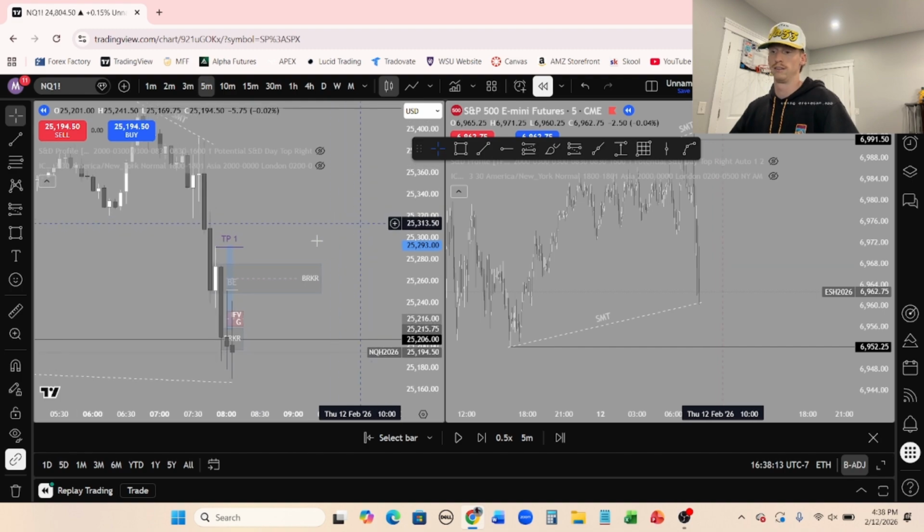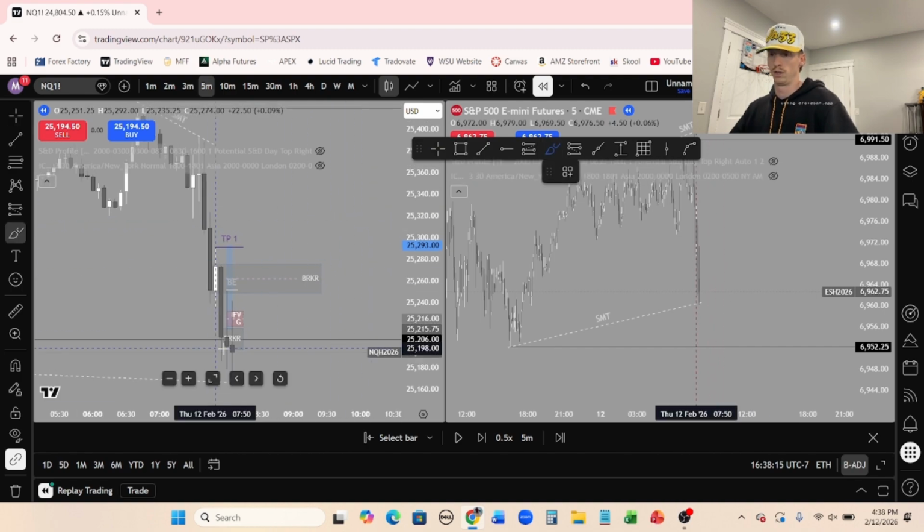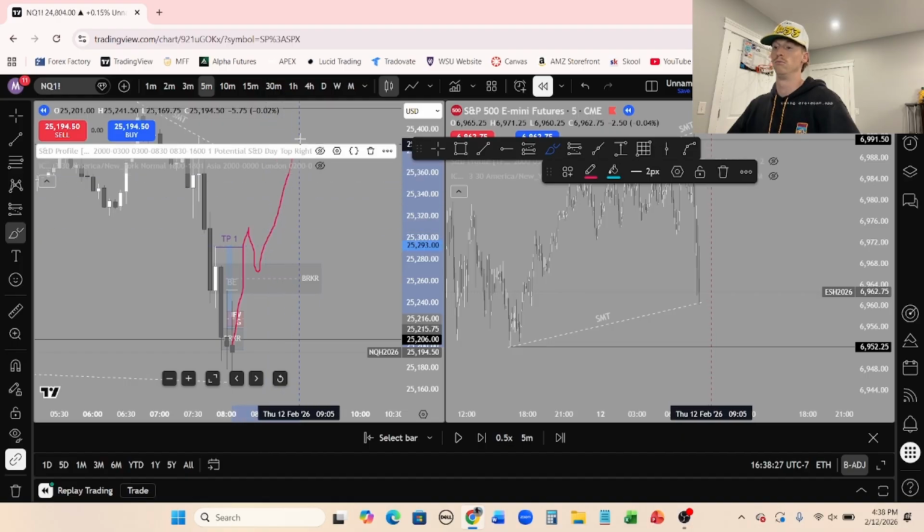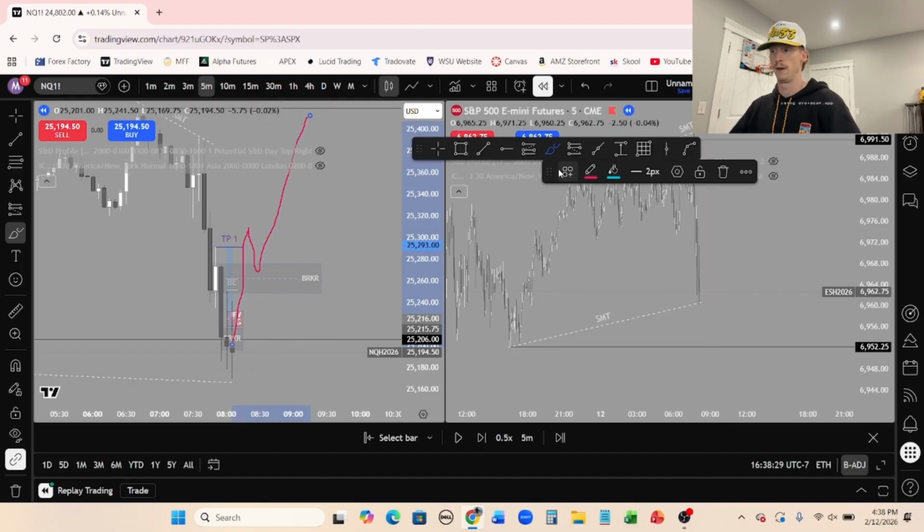So what could have been nice to see is we come up, actually form the breaker, right? Because it's a high, a low, and then you have to break that high. So you have to make a higher high, and then you have to come back and retest it. This would have been a really good breaker model to the upside, but that didn't happen, obviously.